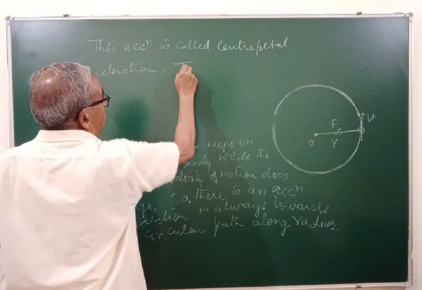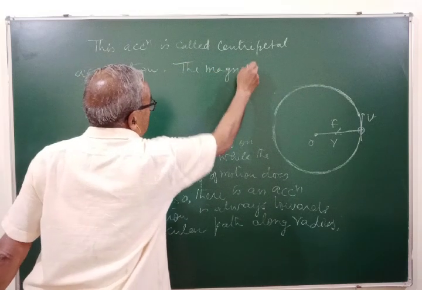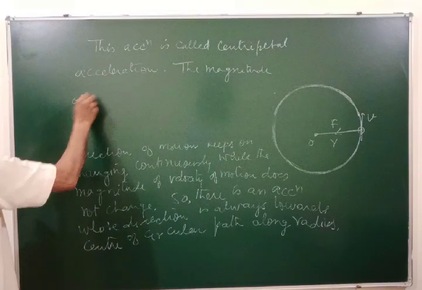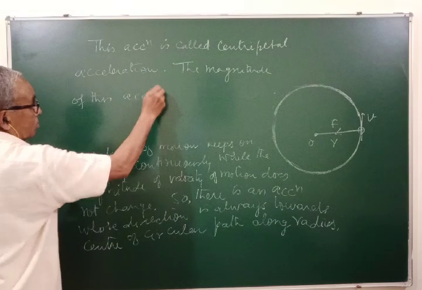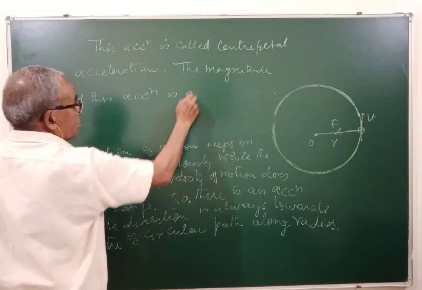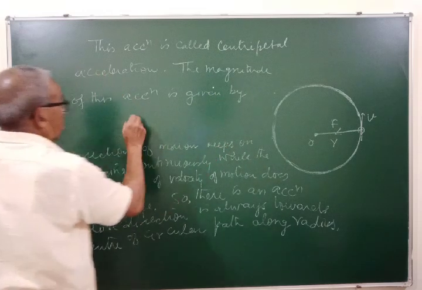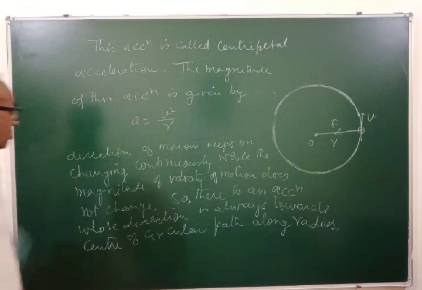The magnitude of this acceleration is given by a equal to v square by r.